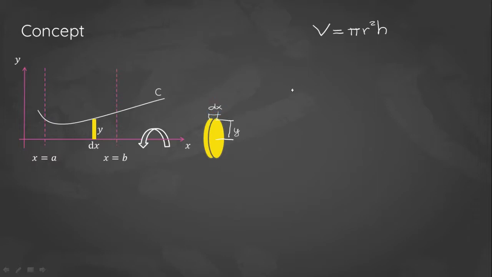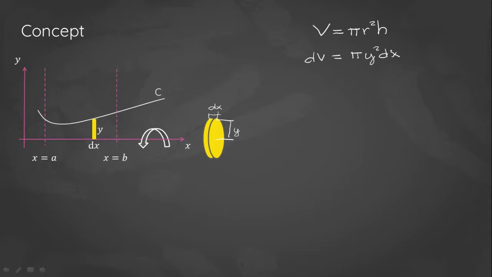Then we can create a differential volume, that is dV equals pi, and our radius will be the length of our rectangular element, so this becomes pi y squared. Then the height of our circular disk is our dx, or our small change of x.